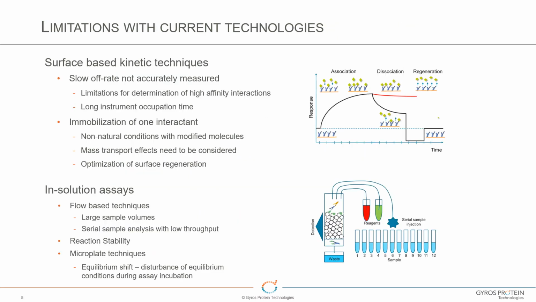So there are some limitations with current technologies. As mentioned, the gold standard is SPR. This can be inaccurate, particularly when there's a really high affinity, when there's a very slow off rate, which can also lead to very long instrument run times. And effectively, in a surface-based technique, you're actually immobilizing one interactant.